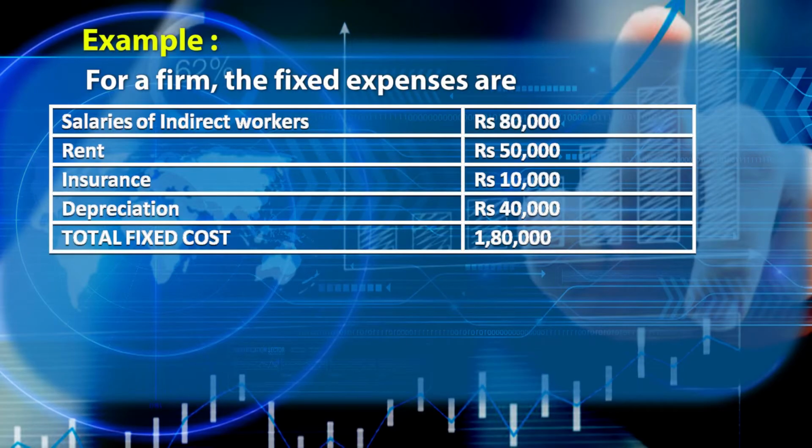For a firm, the fixed expenses are salaries of indirect workers rupees 80,000, rent rupees 50,000, insurance rupees 10,000, depreciation rupees 40,000, total fixed cost rupees 1,80,000.